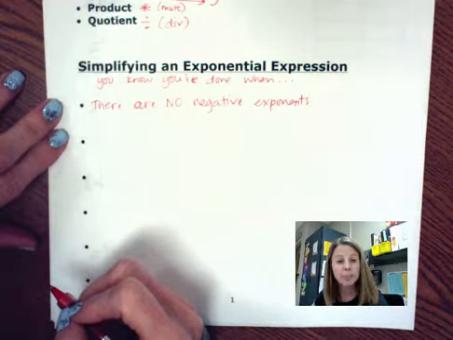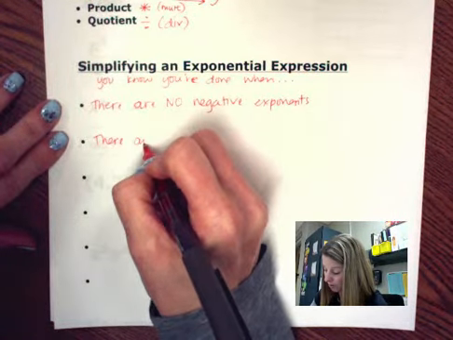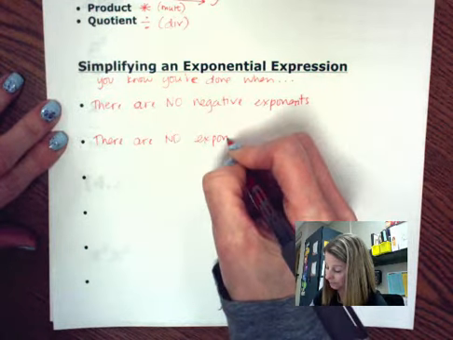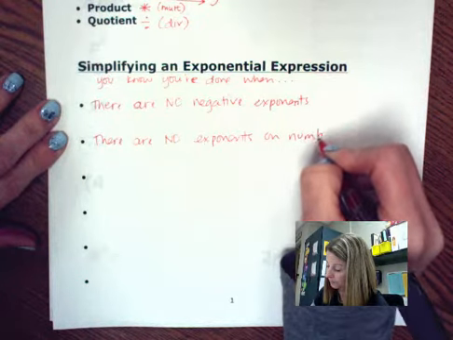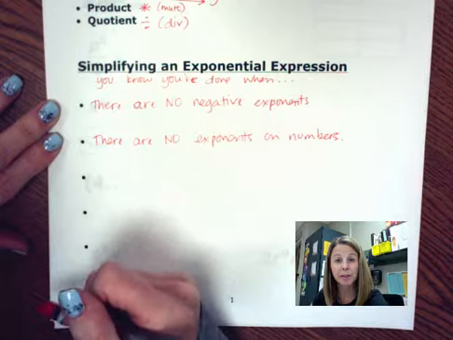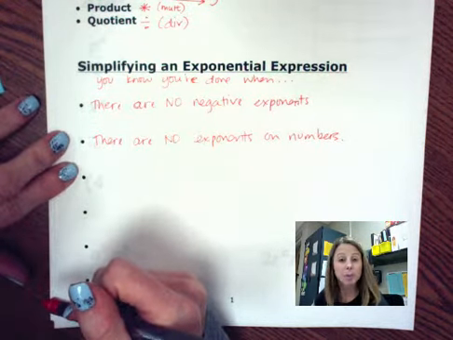Number 2, there are no exponents left on numbers. So if we have like 2 to the 5th, we'll actually multiply that and figure out what 2 to the 5th is. Thirdly, there are no repeating letters.